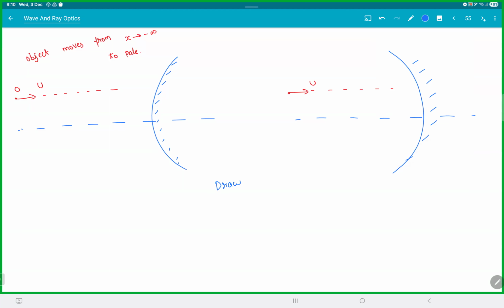So object is traveling above the principal axis. Draw the path of the image. This is more of a theoretical one.